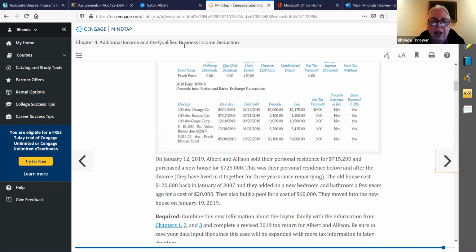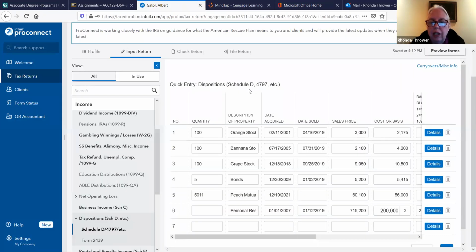So the main thing about this is you have to find a place to put that information. So I'm going to go right back to where we were before on Schedule D, because we sold our personal residence, we disposed of it. And it was a personal residence, so I put that as a description of the property. This was the date we acquired it. This is the date that we sold it. So technically it's a long-term type of investment.